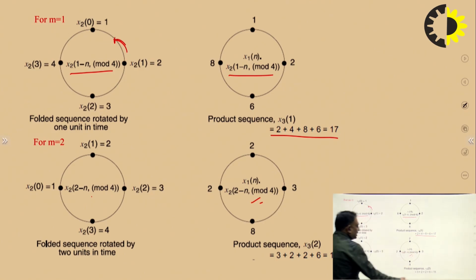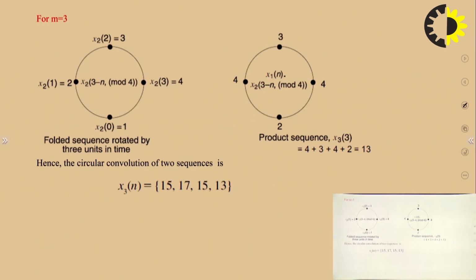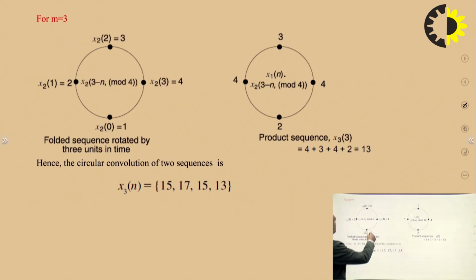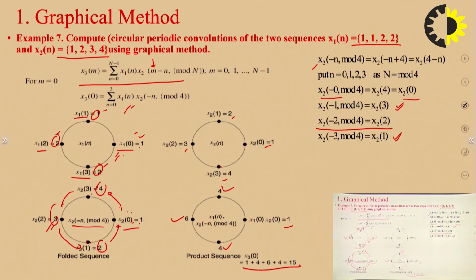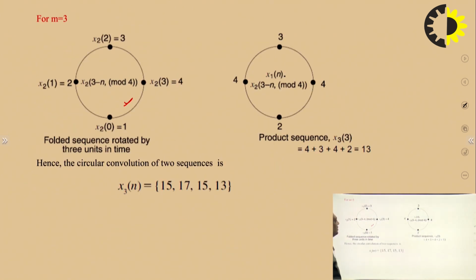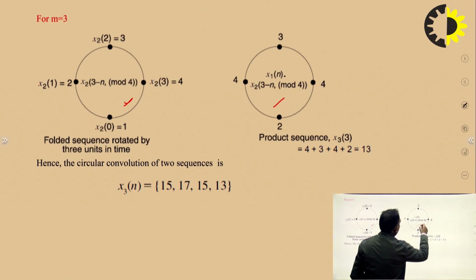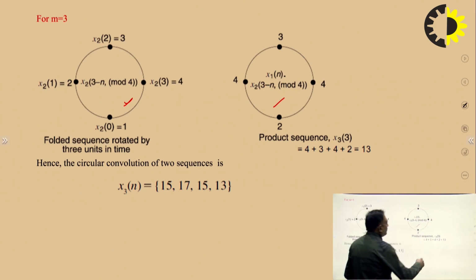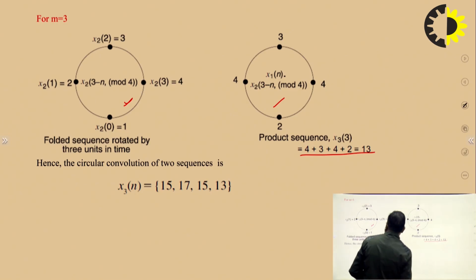So again you are getting the value 15. And similarly, one last time, for m equals 3, you will again shift this by 1 unit, and you will get this circle, and the corresponding elements of this circle can be multiplied with these circle values, so that you will get the values x1 of n into x2 of 3 minus n mod 4. Then you will add it up. So the values are 4 plus 3 plus 4 plus 2, that will become 30.